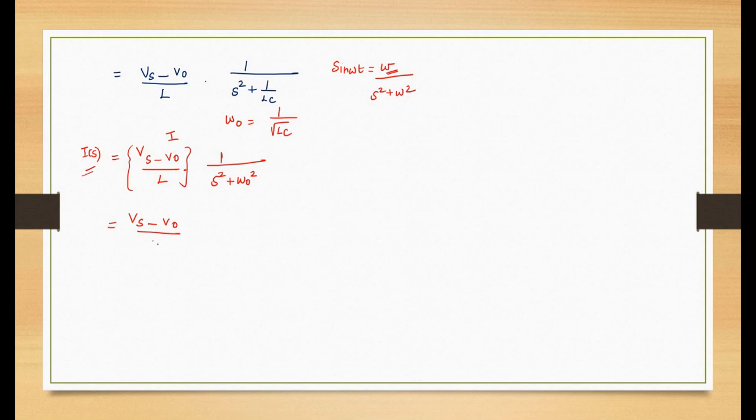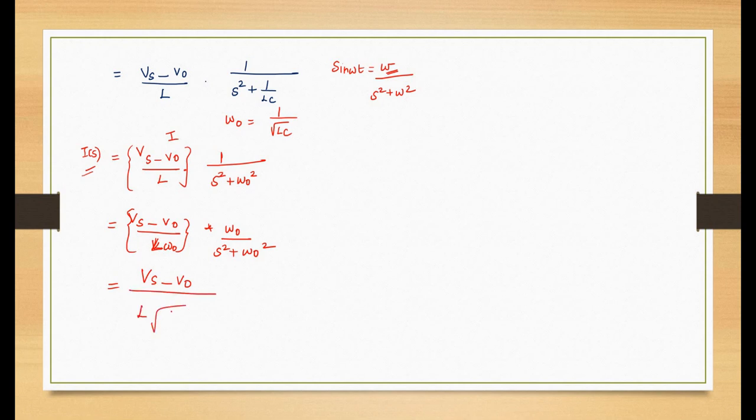(Vs minus V0) by L into omega naught. Multiply and divide by omega naught. So L into omega naught here, and here S square plus omega naught square. How to write this? (Vs minus V0), what is omega naught?